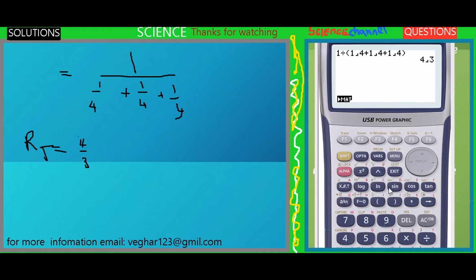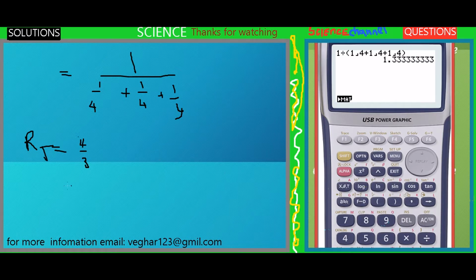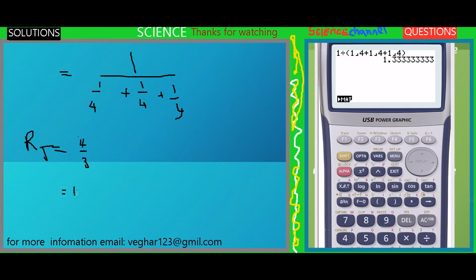So let's see what 4/3 is. See, it's 1.3 ohms. So for resistors in parallel, you always find it will be smaller than the smallest.